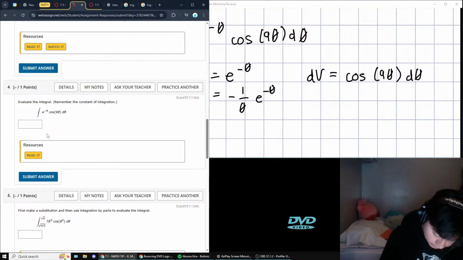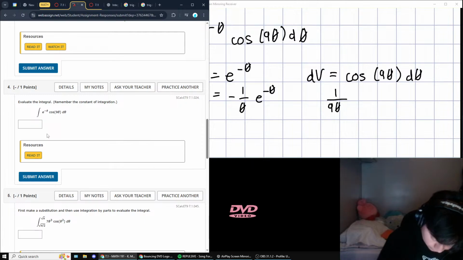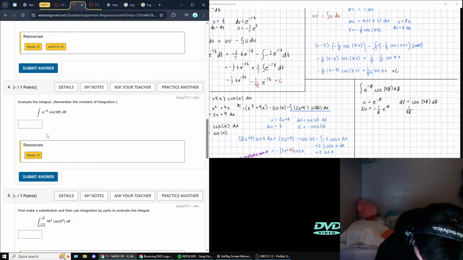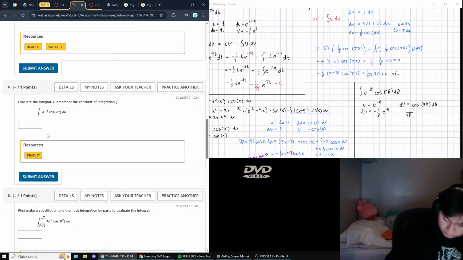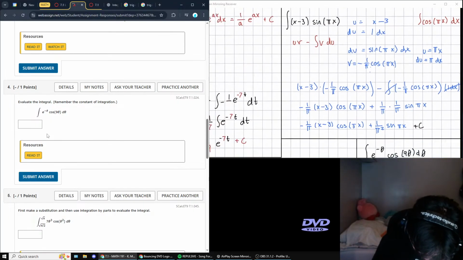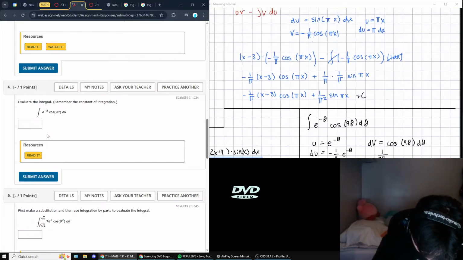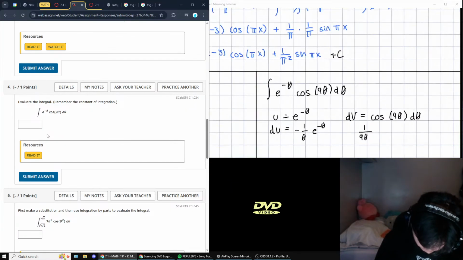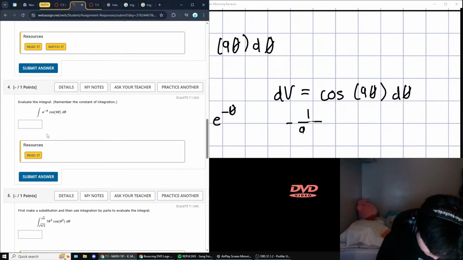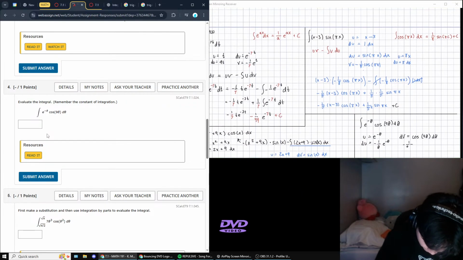Then it should be negative sine, negative 1 over 9 theta. Does theta follow? No, it doesn't.